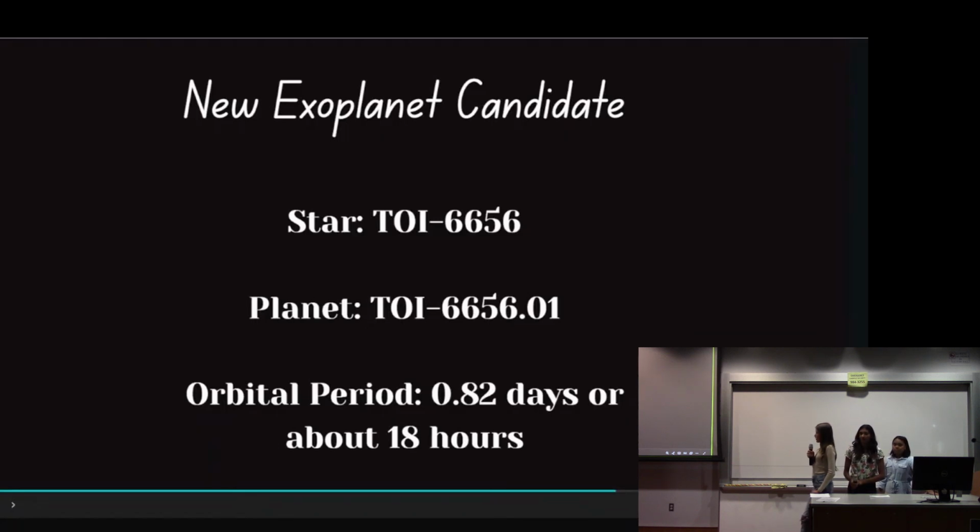The orbital period is about 0.82 days, or about 18 hours.